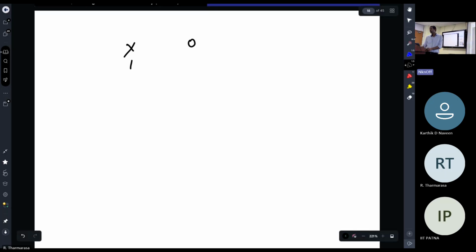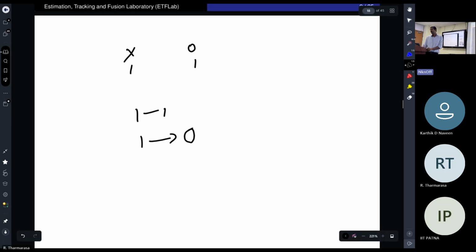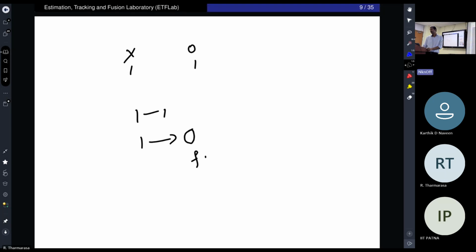First, say this is 1 and 1, I say 1 to 1. That is the first assignment, right? What is the other one? The second one is 0: no measurement for the target, and the measurement is a false alarm. So that's a simple example. Even if we have 1 and 1, we can say this comes from there, or we know the target is missed and that's a false alarm. Similarly, you can have multiple different hypotheses to form with them. We call these hypotheses.